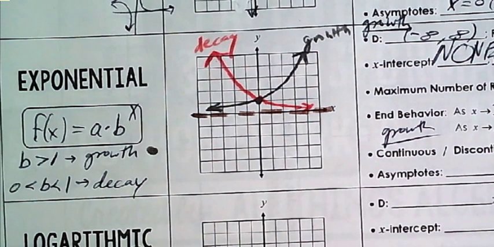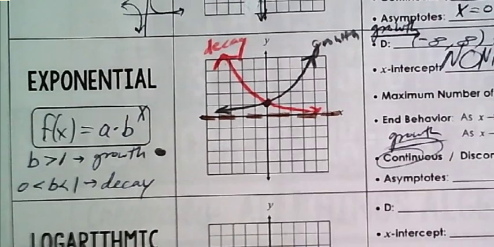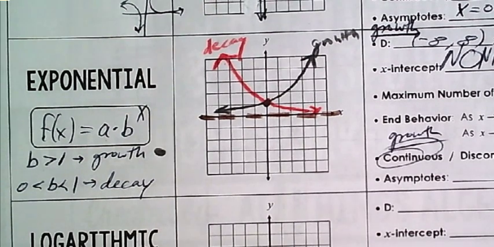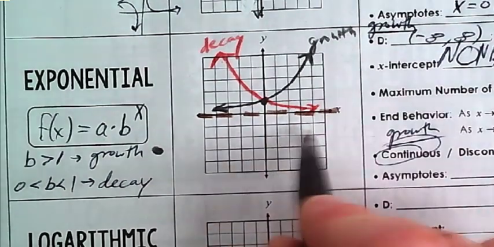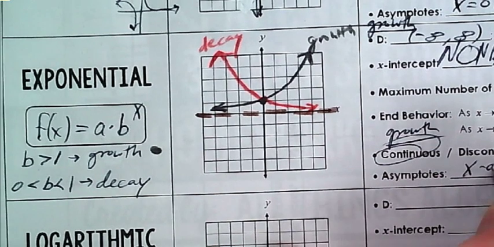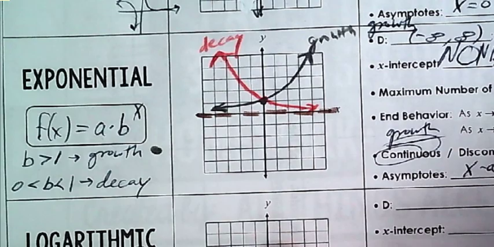And is this continuous? Yes. There's no breaks. There's not a part of this graph below and above this asymptote. It's just all above. It's just continuous. Alright, the asymptotes. For this parent function, the asymptote is the x-axis, which has the equation y equals 0. Because remember, horizontal lines are always y equals.